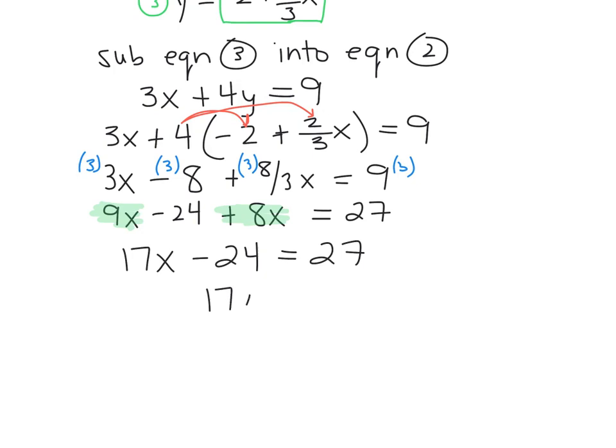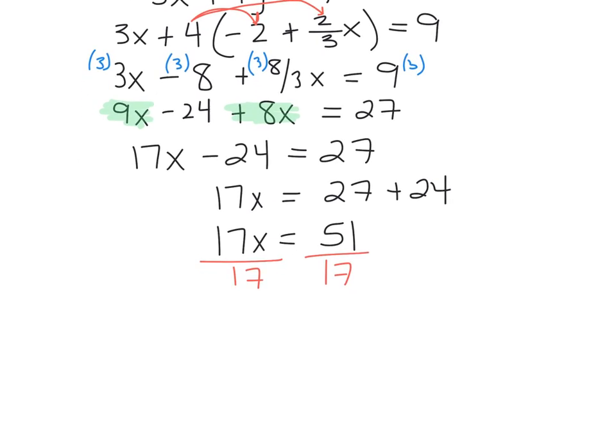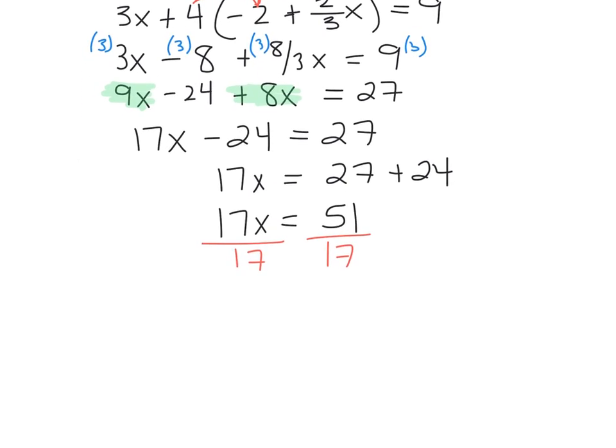I'm going to bring the 24 over to the right-hand side where it will become a positive 24. So I've got 17x, and then I have 27 plus 24, which is 51. And then to isolate for x, I'm going to divide both sides by 17. And if I do that division, 51 divided by 17 gives me 3.